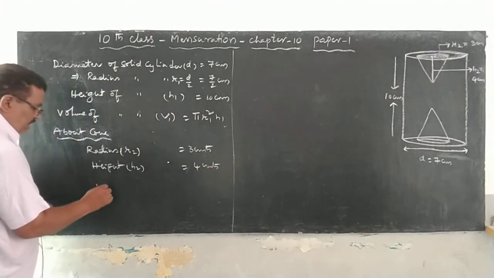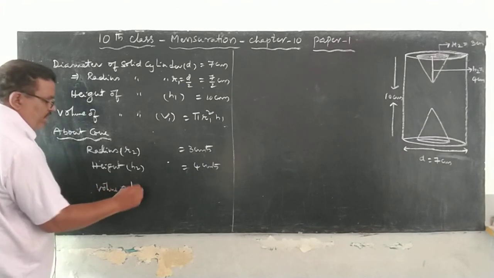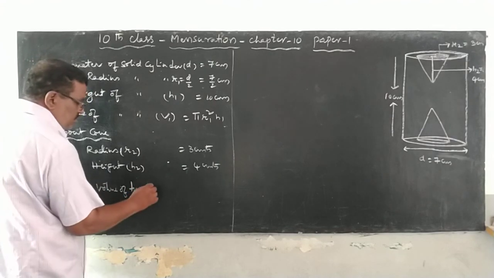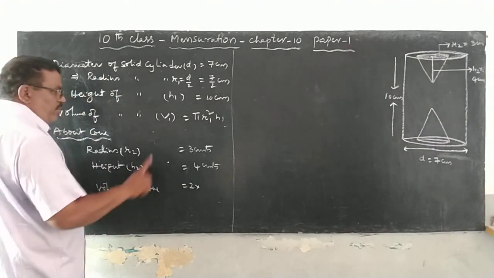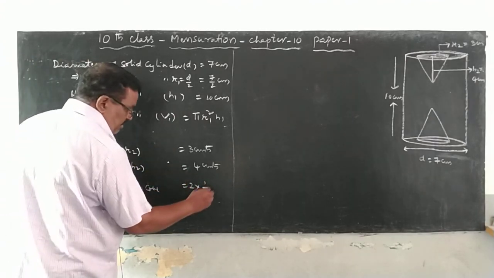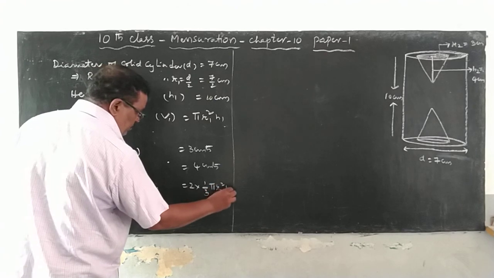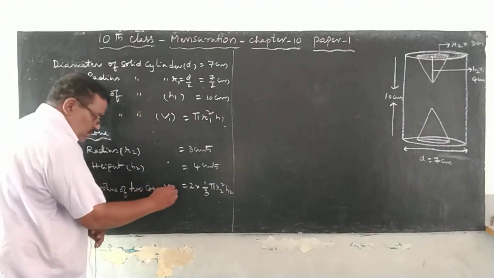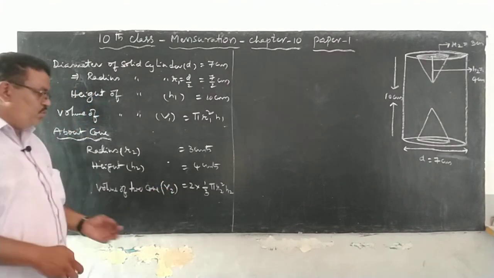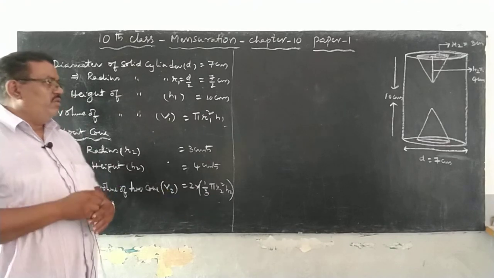Now, volume of the 2 cones, at a time we have to write 2 cones: 2 into volume of each cone, which is 1 by 3 pi R2 square H2. This is the volume of 2 cones, V2. Volume of 2 cones, 2 into volume of 1 cone.